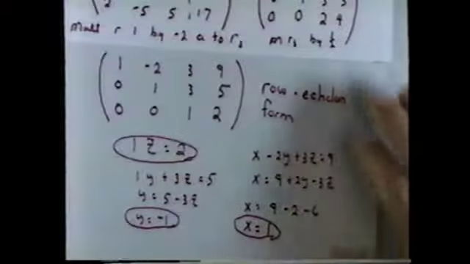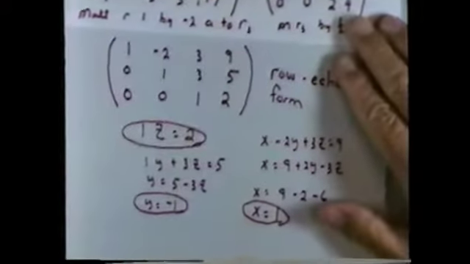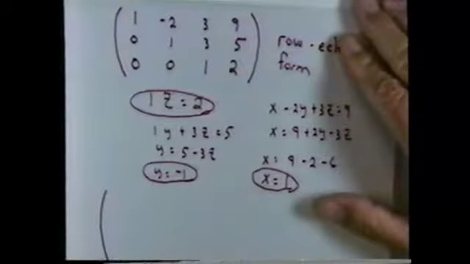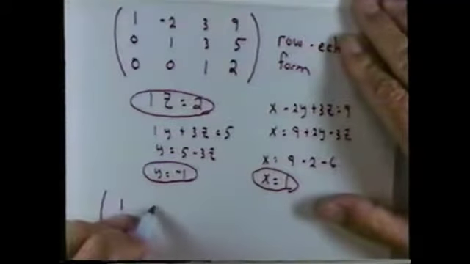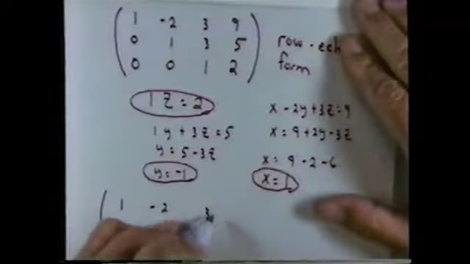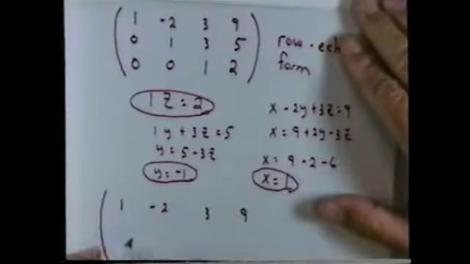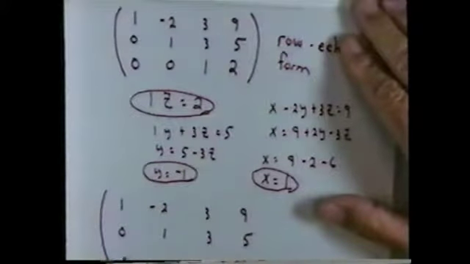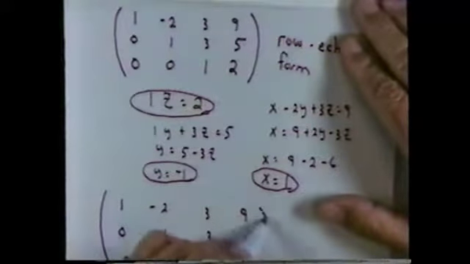Now let's go back to the matrix in row echelon form. So we have 1, negative 2, 3, 9, 0, 1, 3, 5, 2, negative 5, 5, and 17.